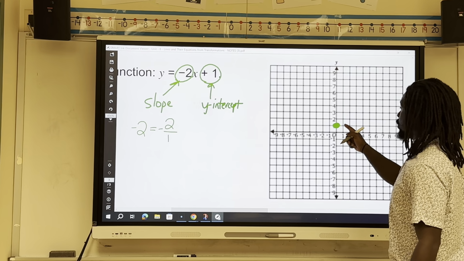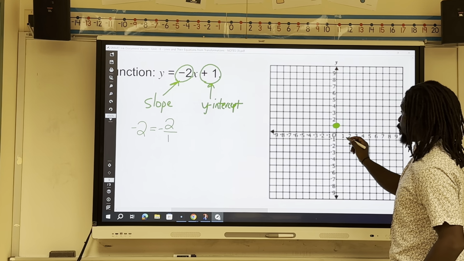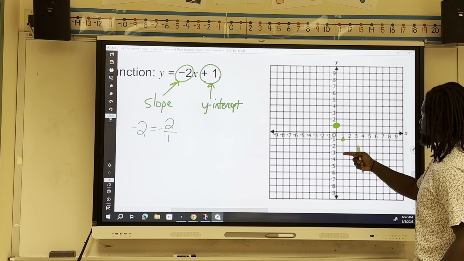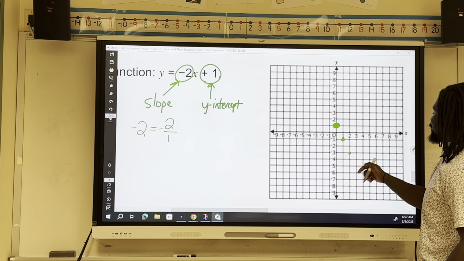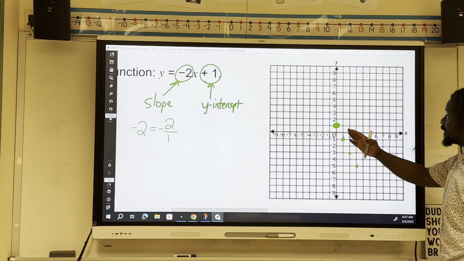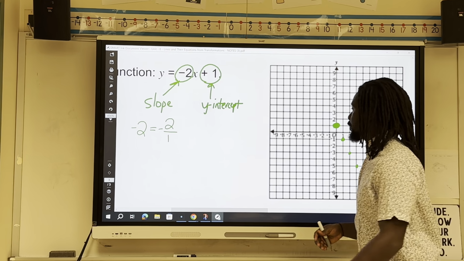So we're going to go down 2, then forward 1, and then there's a dot. Then down 2, forward 1, down 2, over 1. And I know my slope is negative, so that's why I'm going in this downward direction.